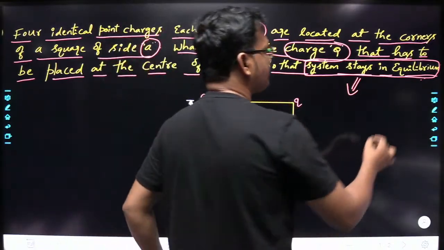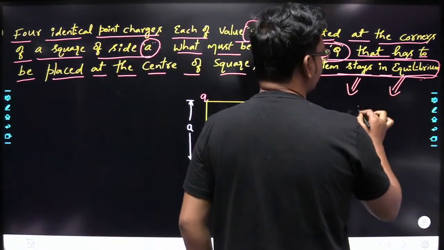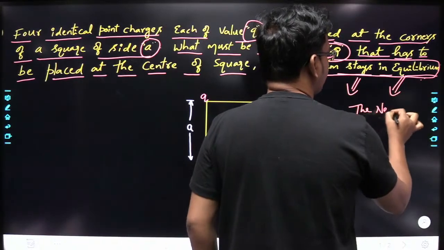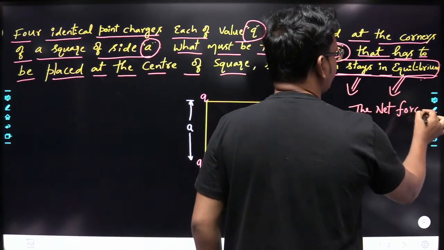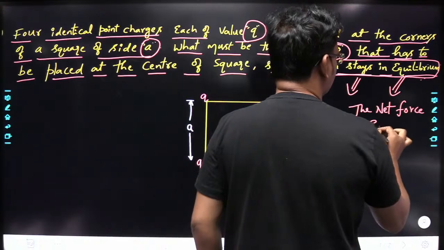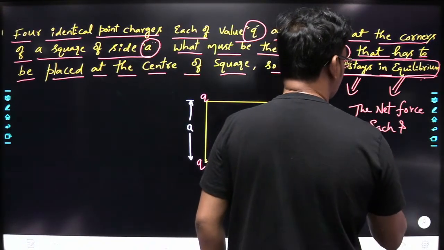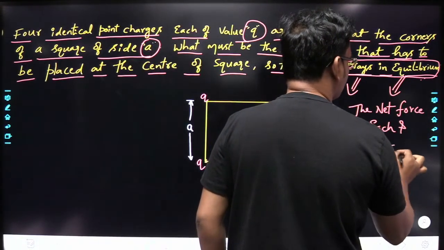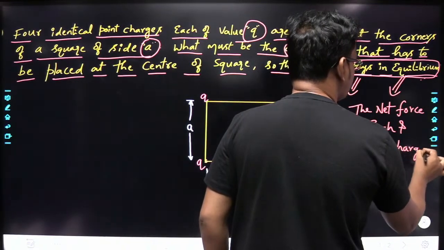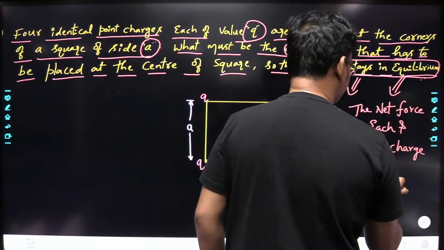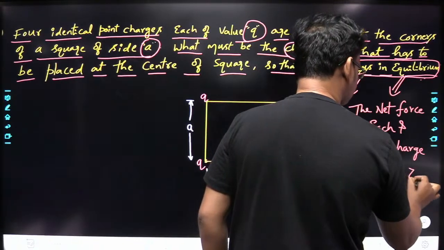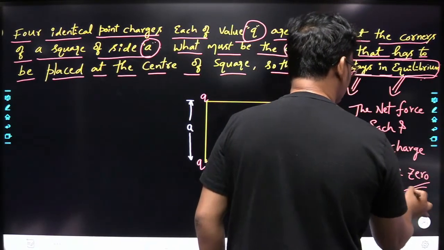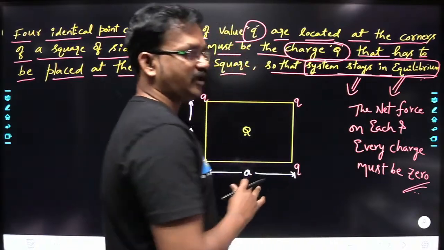So equilibrium means the net force on each and every charge must be 0. Then we can say the system is staying in equilibrium.